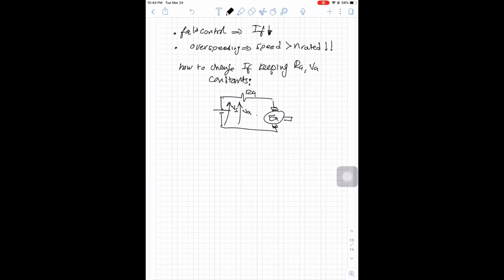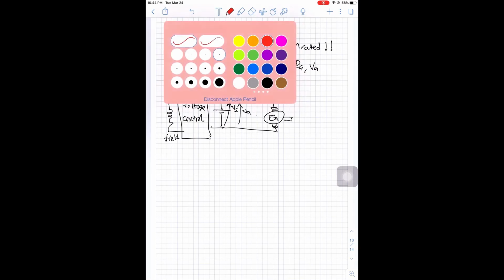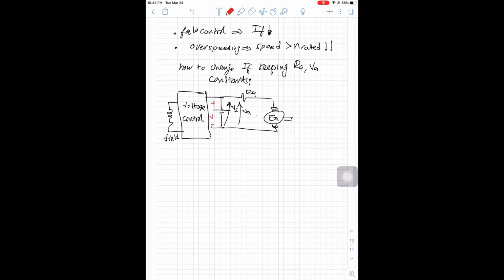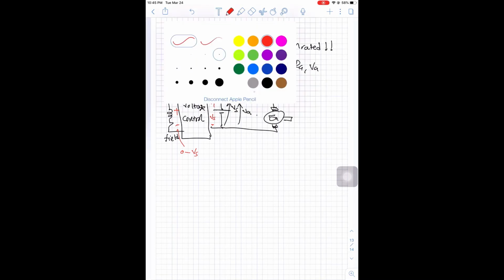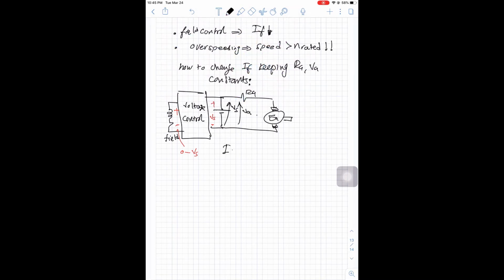So V armature is constant. Then we will connect the voltage controller here, voltage control, and we will have our field here. The voltage controller will have a constant voltage V source, and it will give you a variable voltage here from 0 to V source. In this case, your IF will equal the voltage of the controller divided by RF.